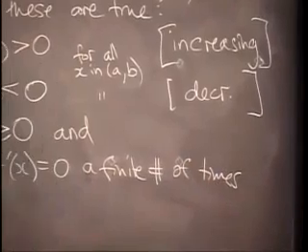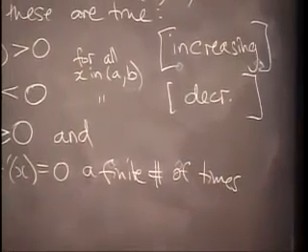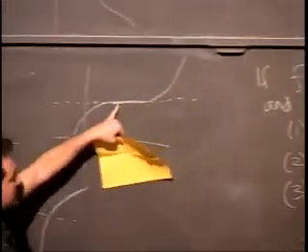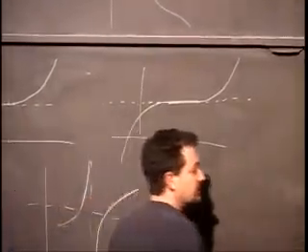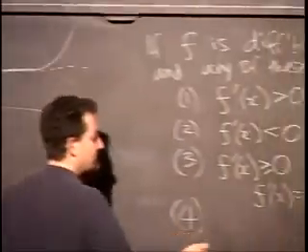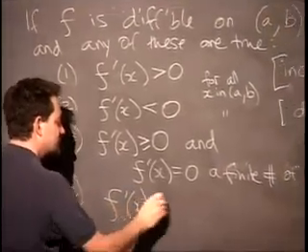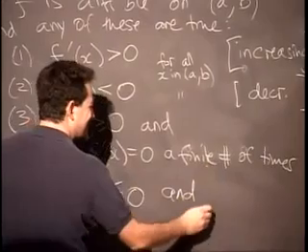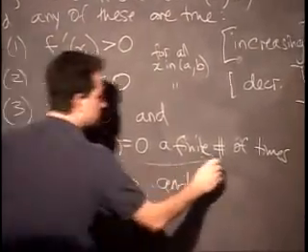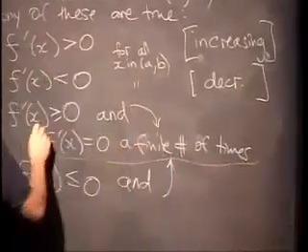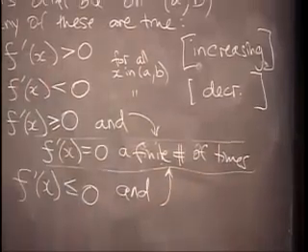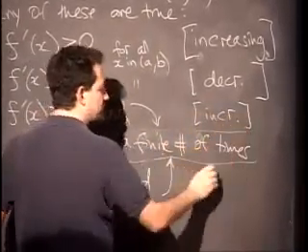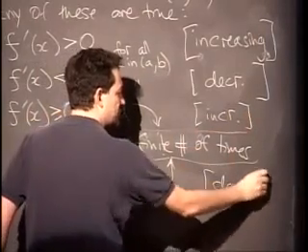So I'm trying to avoid this situation here, where it's infinitely often 0. Everywhere in here, the derivative is 0. And of course, I have to allow for the decreasing case. So this is also increasing with momentary flat points, and this is decreasing with momentary flat points.